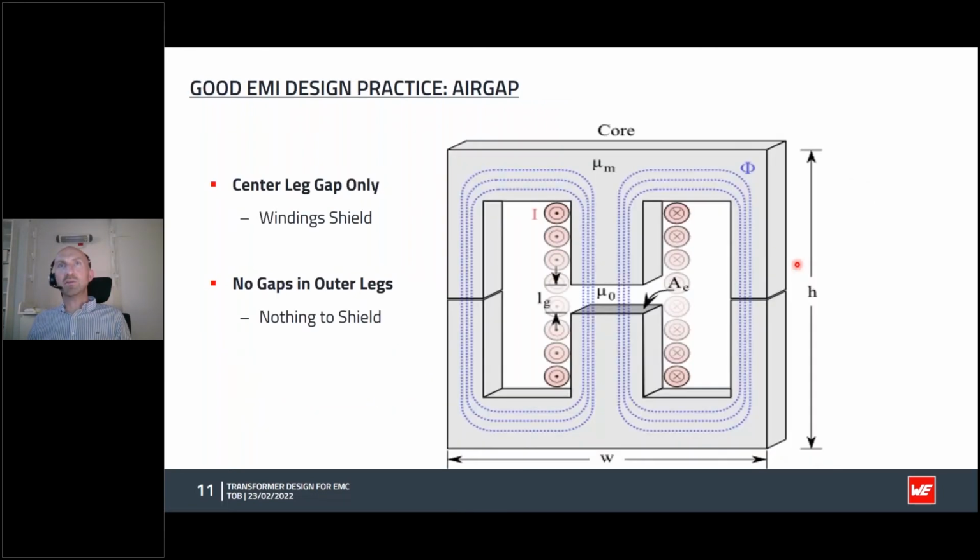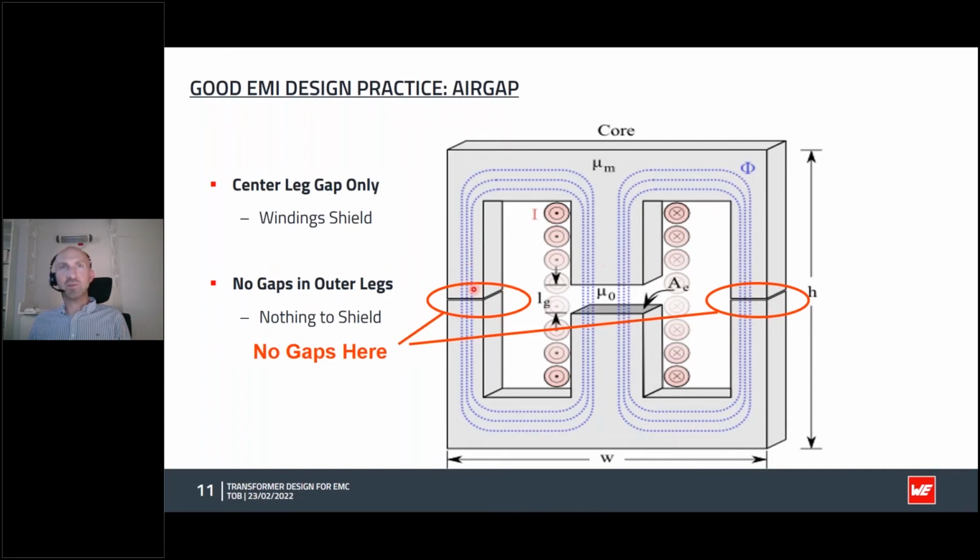Then what can we do to improve the EMC in our transformer? One of the things we can do when we do need an air gap is, rather than having an air gap distributed equally on all the 3 legs, we can avoid putting the air gap on these legs.